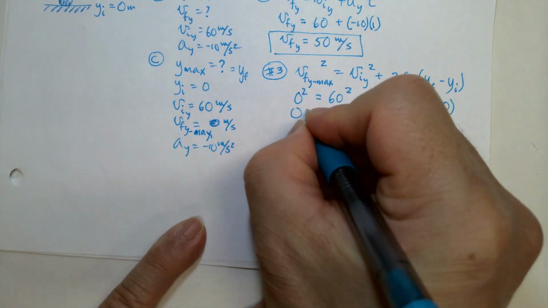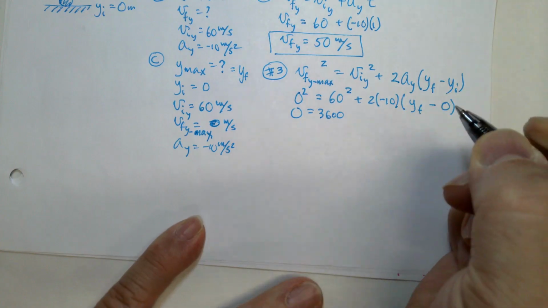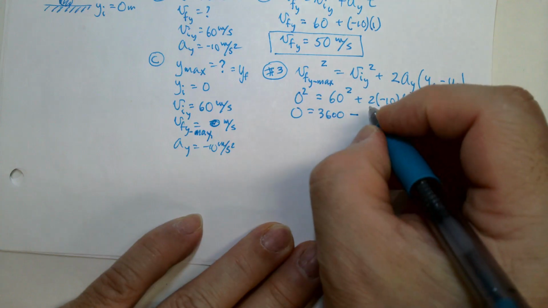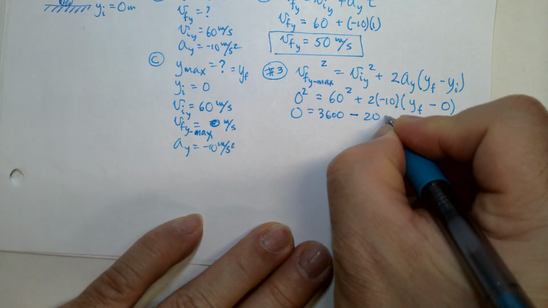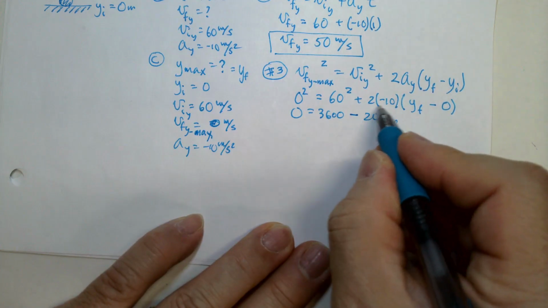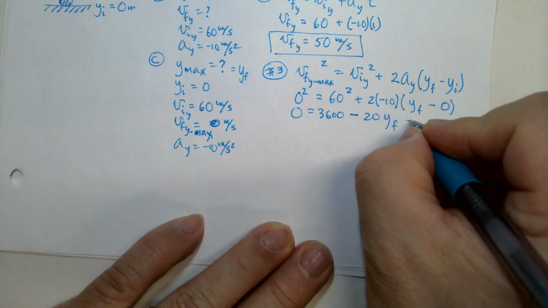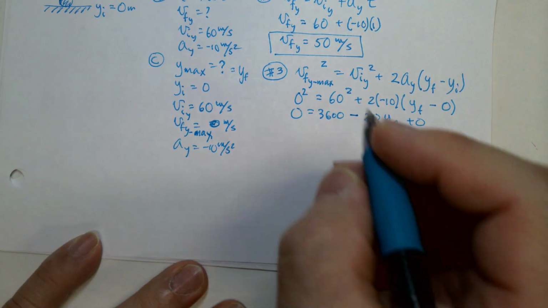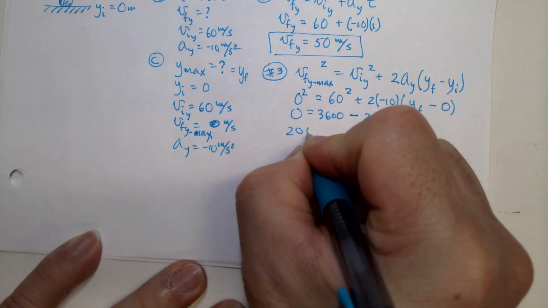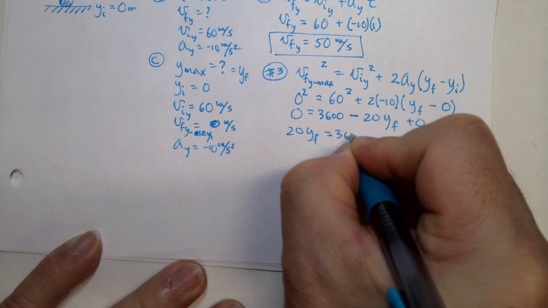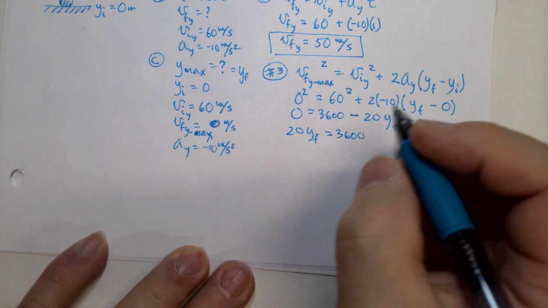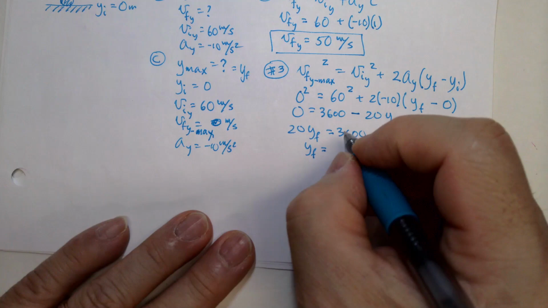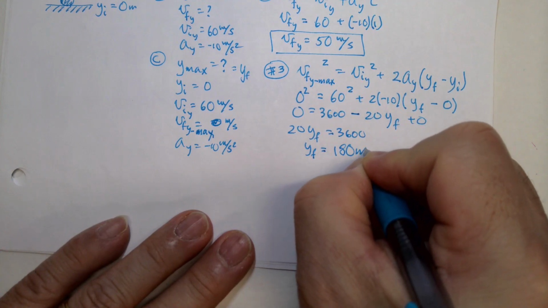So 0 is equal to 3,600 minus 20 times Y final is negative 20 Y final. Then negative 20 times negative 0 is plus 0. So I get 20 Y final is equal to 3,600. So my Y final is equal to 180 meters. That's my Y final.